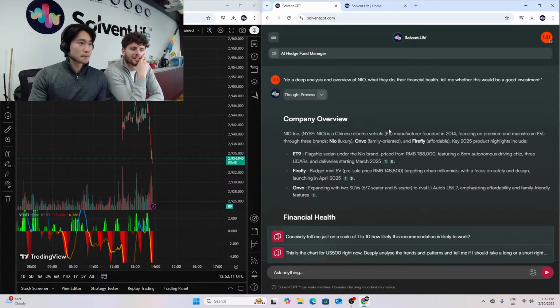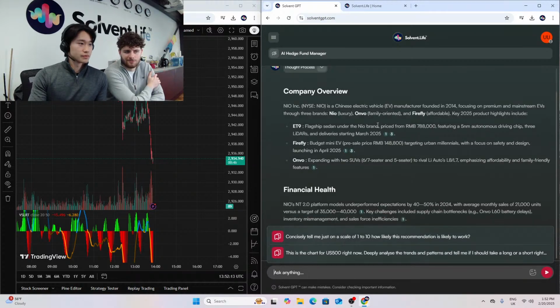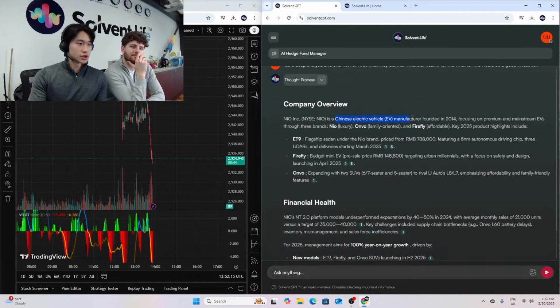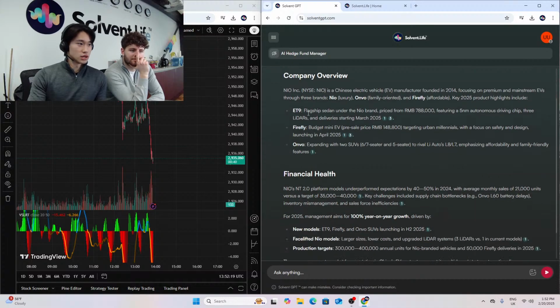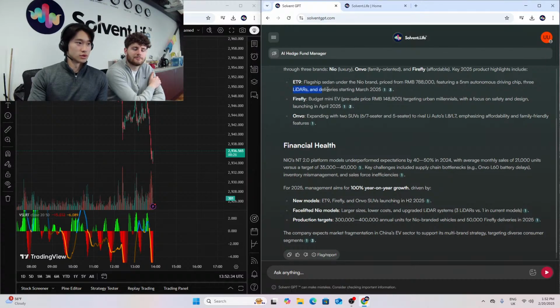Oh, okay, so it's Chinese Tesla. Yeah. Chinese electric vehicle company founded in 2014. They've got key products coming, so flagship sedan featuring autonomous driving chip, 3 LiDAR cameras.